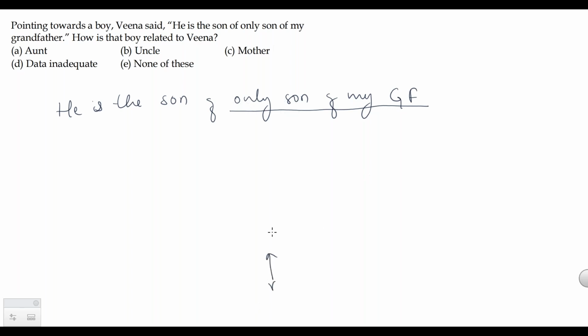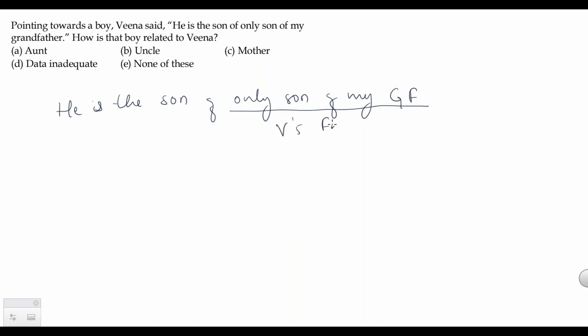If this person has only one son, andre it must be Veena's father. If only son was not mentioned, it could be father or father's brother, another son, an uncle. But only son is mentioned. So Veena's father's father has only one son, andre it must be Veena's father.